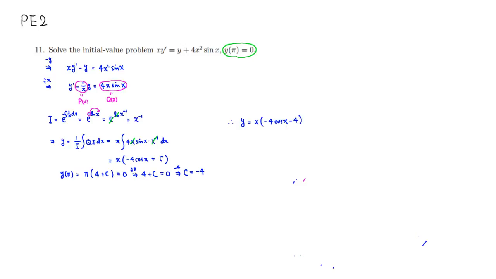Since -4 is in common, you can pull out the -4. Then you have cosine of x plus 1. So that is the solution that we are looking for.